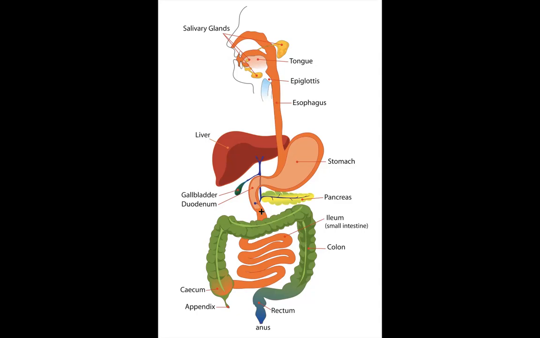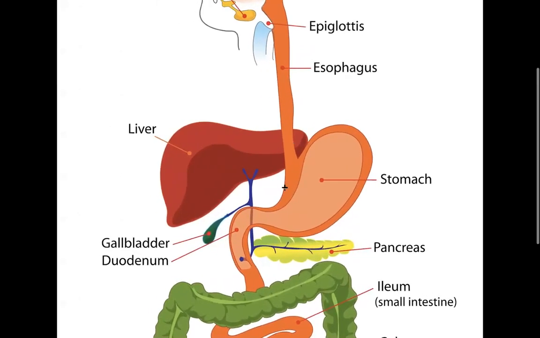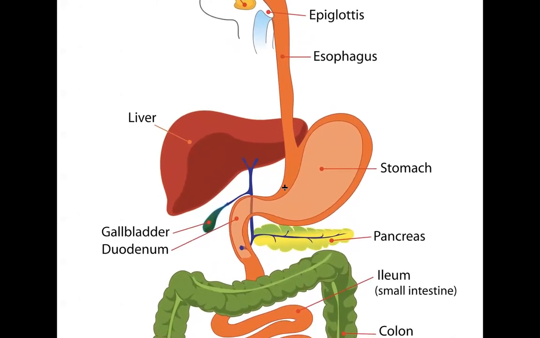In the textbook, I noticed it only shows the liver, it does not show the pancreas, so it is a bit difficult for me to explain. I will explain here. Listen carefully, then you can copy the notes into your textbook. If you don't understand, you can pause and rewatch this video.